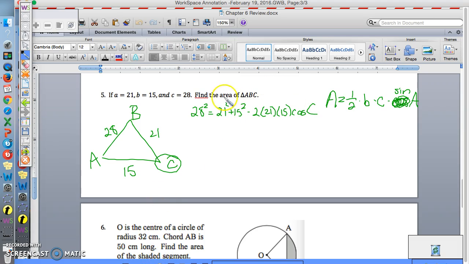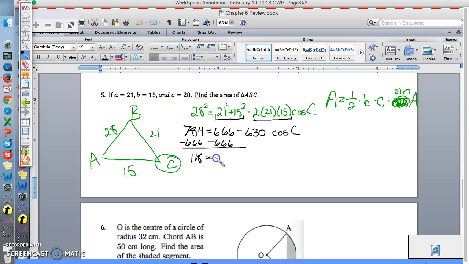And this, like the last one, we have to break it down. So this is 784 equals, if we add those two, we get 666, minus those together, we end up with 630 times the cosine of C. We can subtract this here, so subtract 666, and we end up with 118 equals negative 630 times the cosine of C. Divide by negative 630, and I'll end up, let's see, a decimal this time.